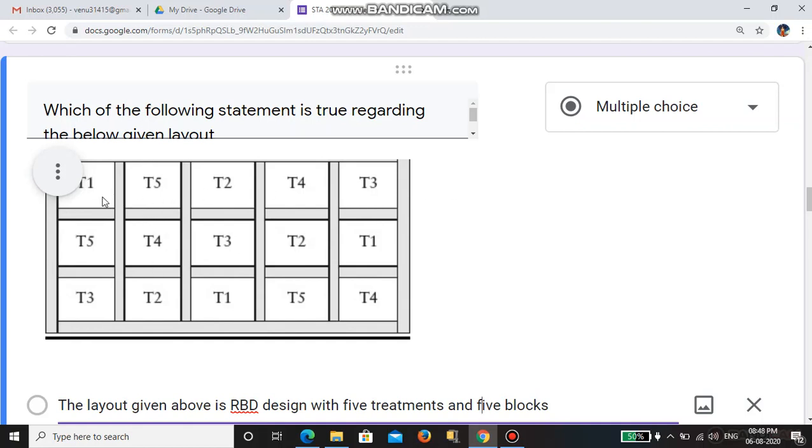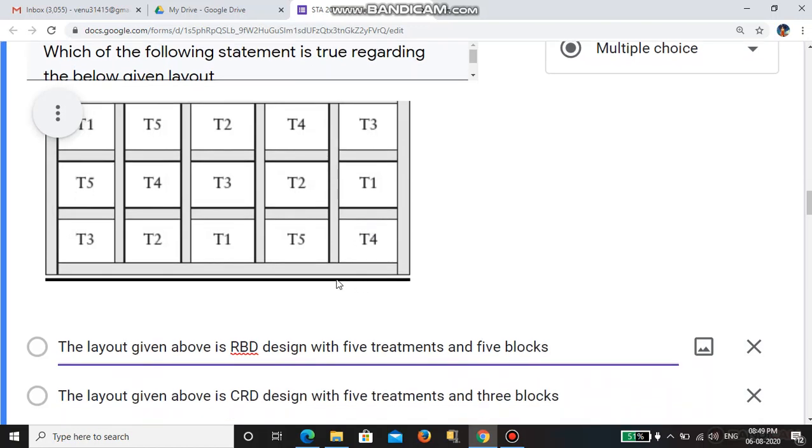Here the row is block, because in the row only we are having complete treatment, T1 T2 T3 T4 T5, similarly T1 T2 T3 T4 T5, similarly T1 T2 T3 T4 T5. So here the row is block, so in this design we are having only 3 blocks, but here they gave 5 blocks, so it is false.